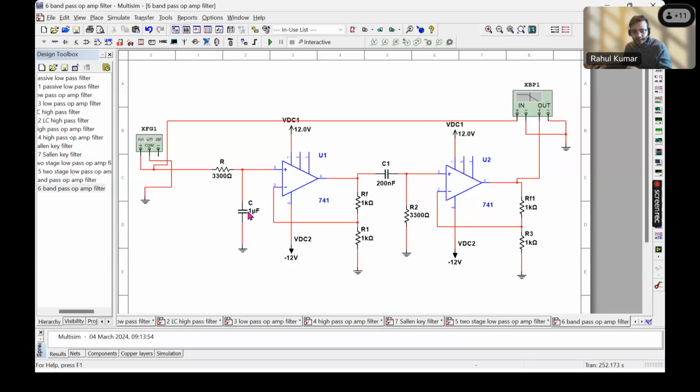So this is a low pass filter. Okay, but on the second stage, you have a high pass filter. We have swapped the positions. The capacitor is there and then you have the resistor. So you are taking the output across the resistor and connecting it to the second op-amp. So let's quickly run this circuit. RF, R1, they are the same.